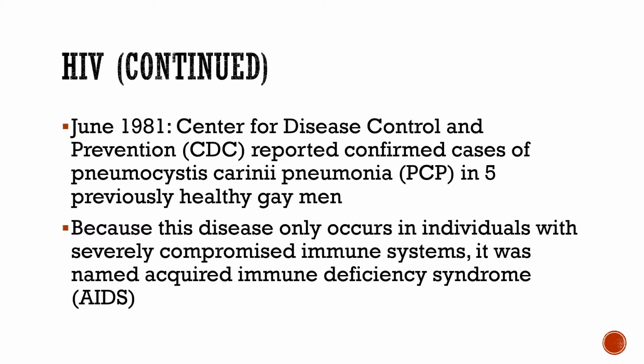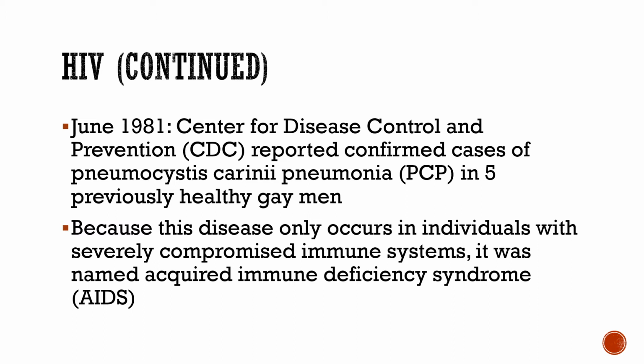June 1981, the Center for Disease Control and Prevention, which is the CDC, reported confirmed cases of pneumocystis carinii pneumonia, otherwise known as PCP, in 5 previously healthy gay men. So this was a virus that, when it emerged, was prominently defined in the gay community with gay men.